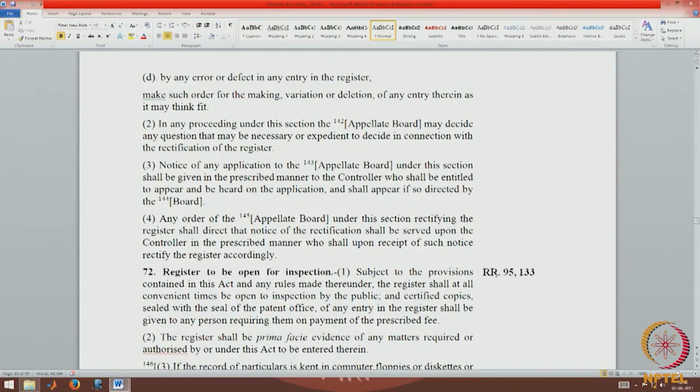So again we come back to that premise that the controller is in charge of the register. Anything that happens outside the patent office, a change which affects an entry in the register, if it happens outside the patent office, say before the appellate board or the high court, that change needs to be notified to the controller and the controller will rectify the register, because the register is a document that is kept under his control.